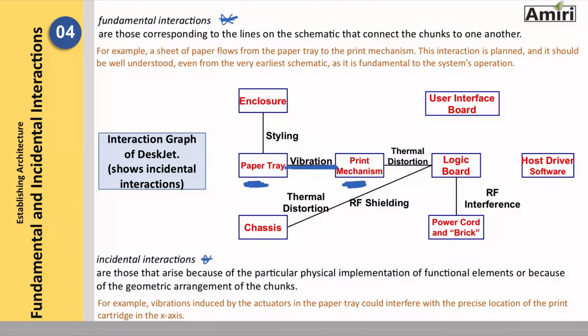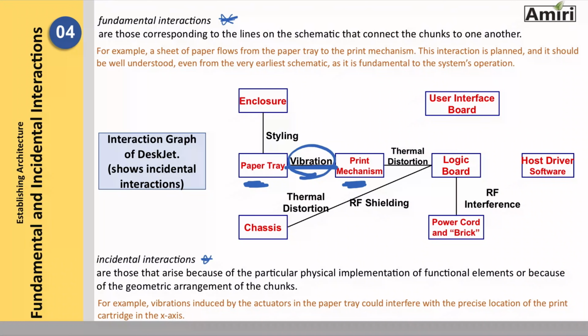The second type of interactions are incidental interactions. These are the interactions that arise because of the particular physical implementation of the functional elements, or because of the geometric arrangement of the chunks. For example, here, this vibration introduced by the actuators in the paper tray could interfere with the precise location of the printer cartridge in the x-axis, or precise printing.